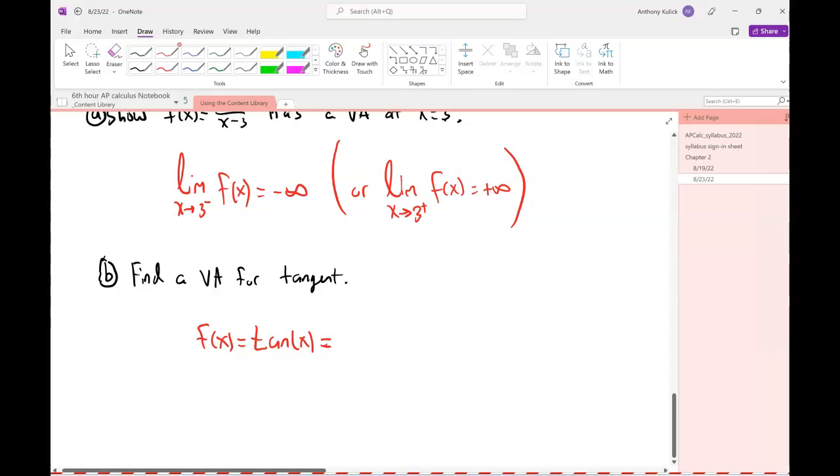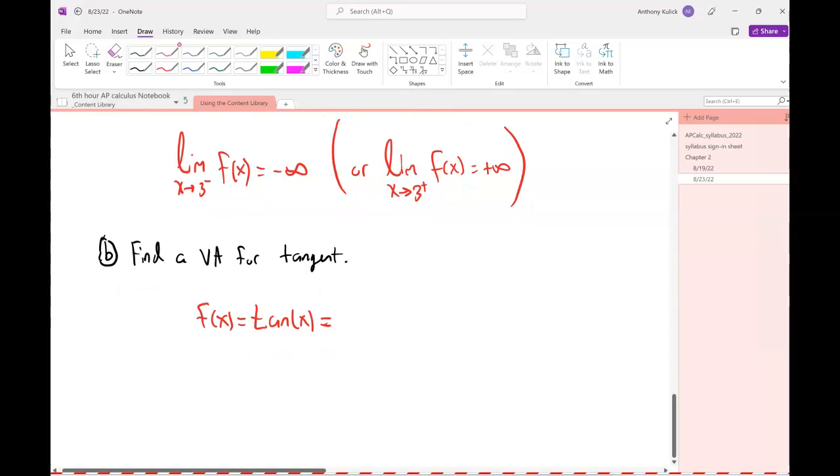What identity do we know? Tangent is sine over cosine. So what we're really interested in here is where cosine is approaching 0, or when cosine is 0.